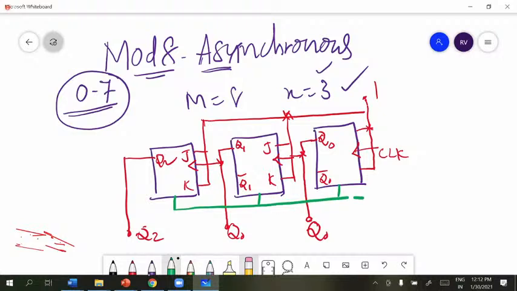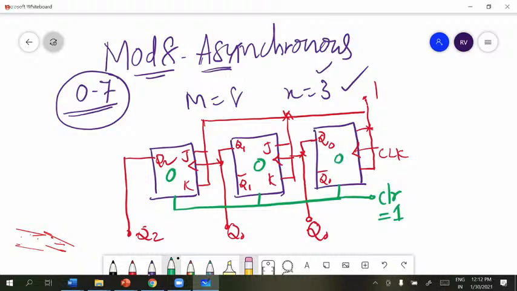I connect this to the clear. It's very important. In counters, this clear signal plays a very important role, so you compulsorily have to use this clear. When clear is made high initially, you can reset all the flip-flops.